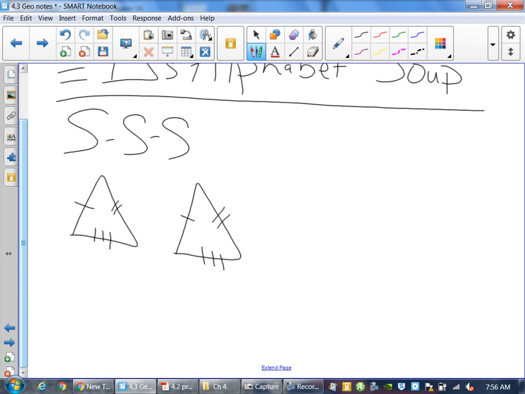It is quite literally, if you've got the corresponding sides congruent, the triangles are congruent. That's it. All 3 sides. All right? We'll make a tally list of what we've got. Side, side, side.